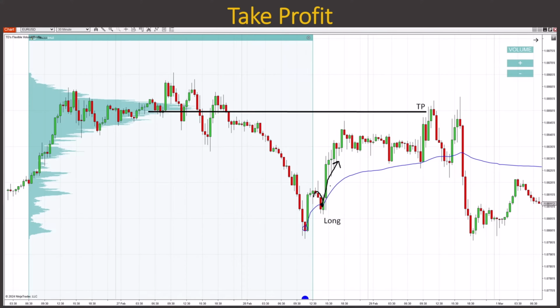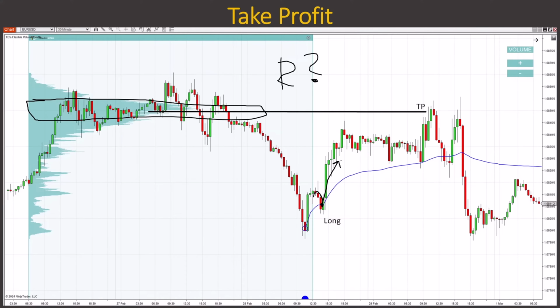If you're long from here and thinking about where to quit the trade, in this example it is pretty straightforward because we have a massive heavy volume zone here, which could potentially work as a resistance. The price usually has problems going through heavy volume zones.